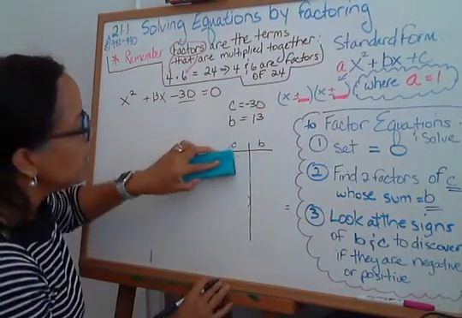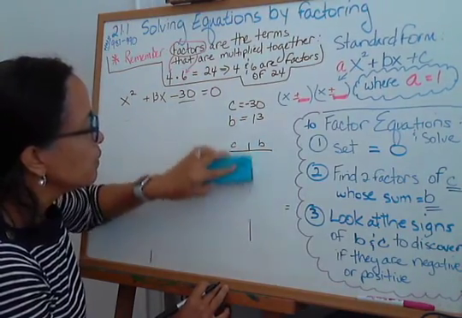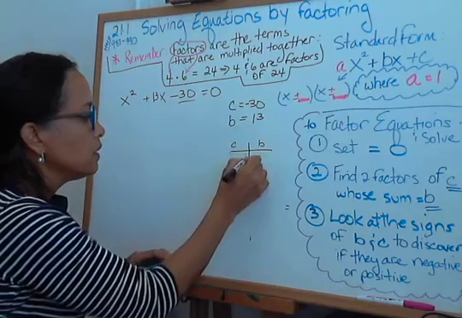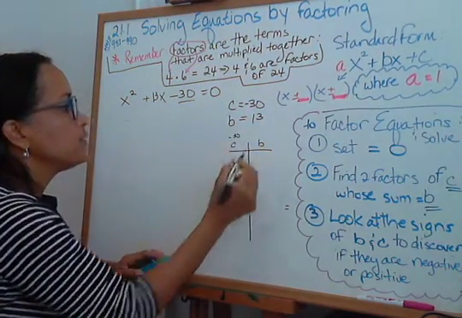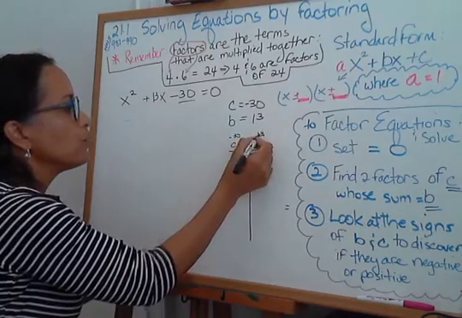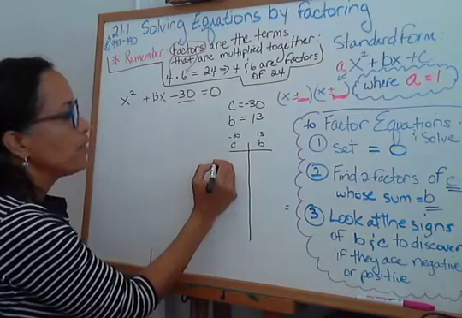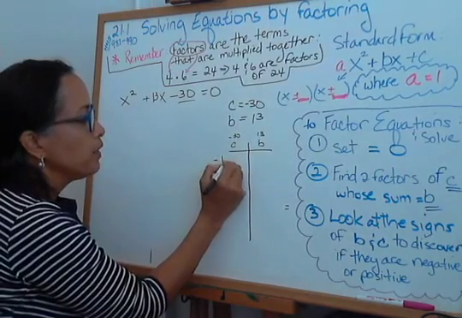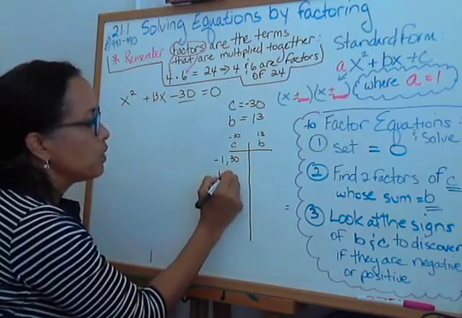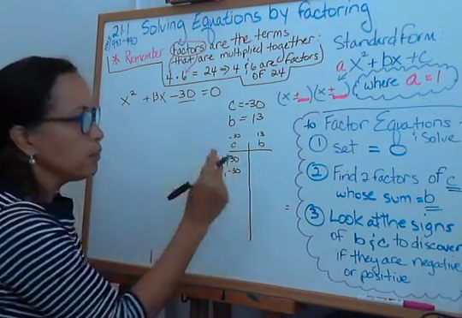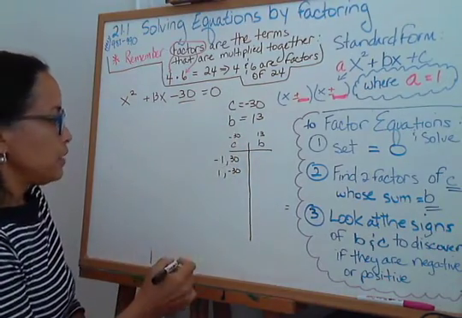So what do I need again? I still need factors that when multiplied together are going to give me c, and c is negative 30, and when added together are going to give me 13. Well, now with a negative, you don't just have 1 and 30, you have negative 1 and 30, and you also have positive 1 and negative 30. If I multiply those two together, they're going to give me negative 30.